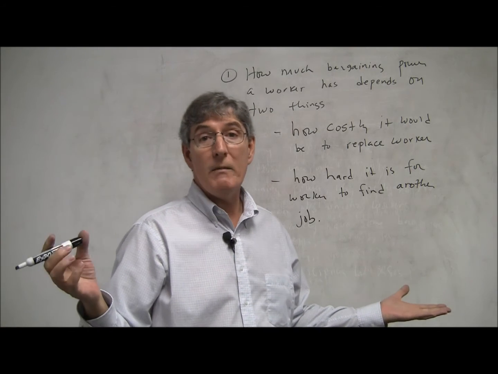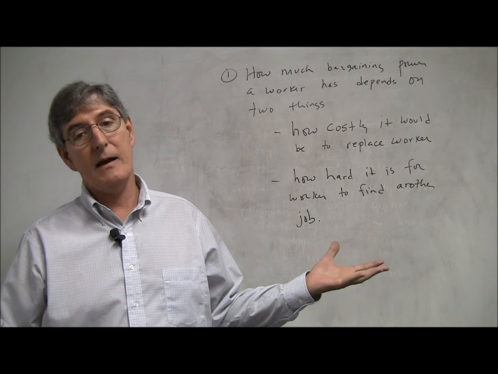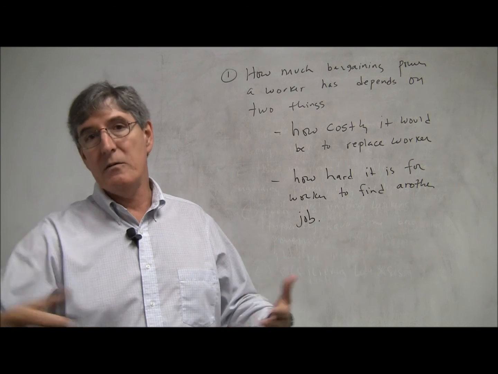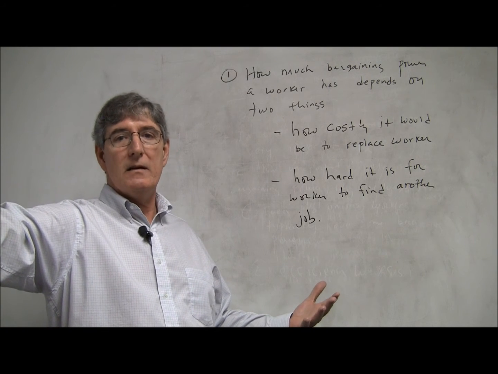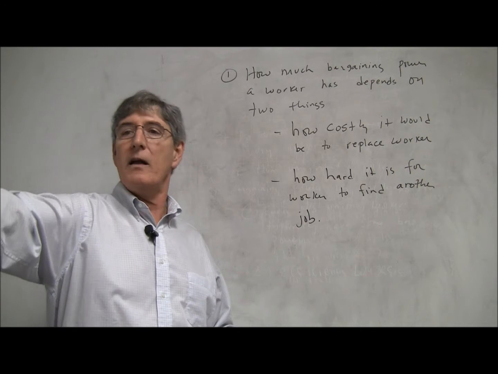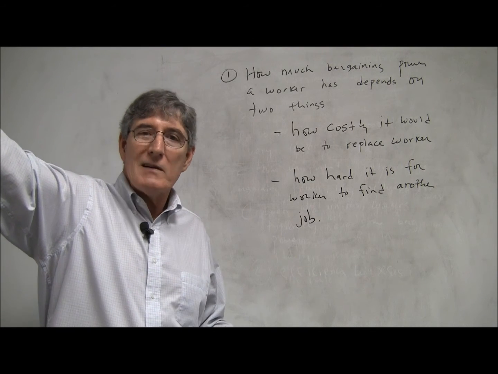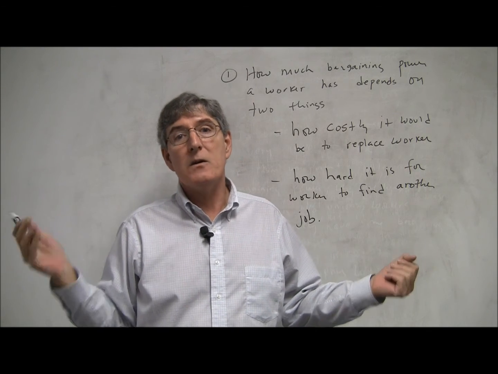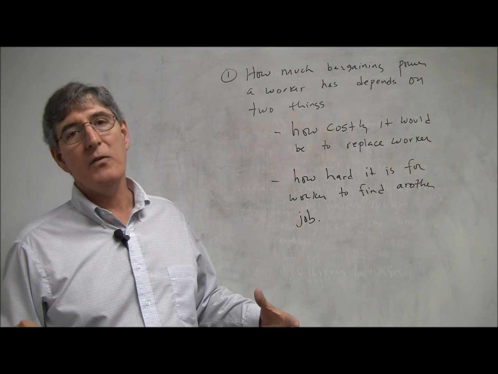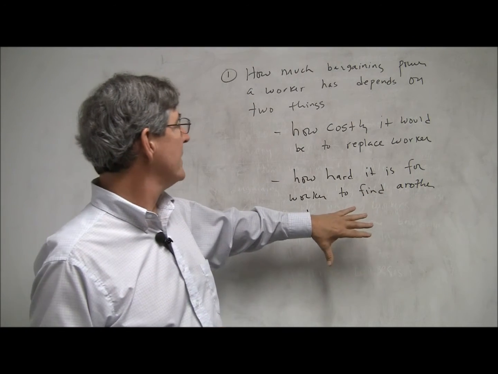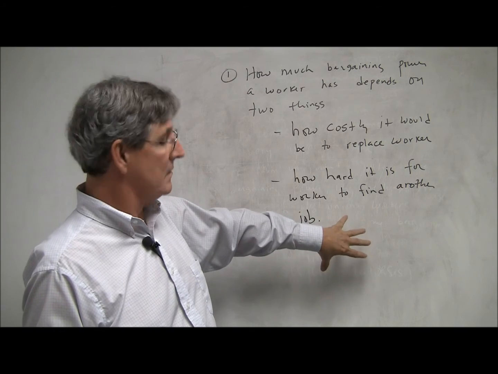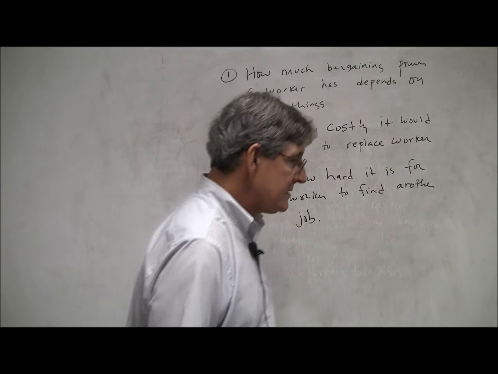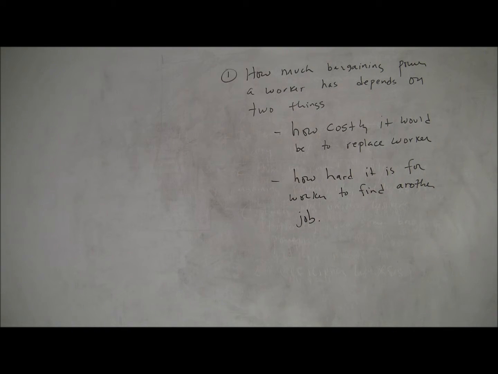If you're near full employment, though, and you say, okay, I'm going to quit, and the boss says, go ahead, and you do, because you can find another job fairly easily. And so either pay me more or I'm going to quit. I've got another offer over here. They're offering me $14 an hour. You're paying me $12. Either pay me more or I'll quit. And so the threat is much more credible that you'll quit when the labor market conditions are good. So this has a couple of implications.